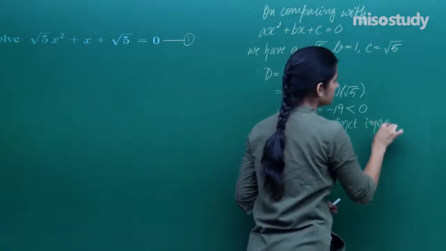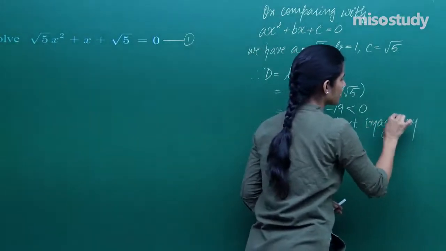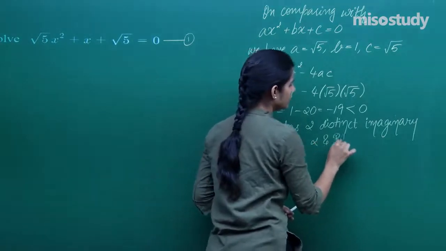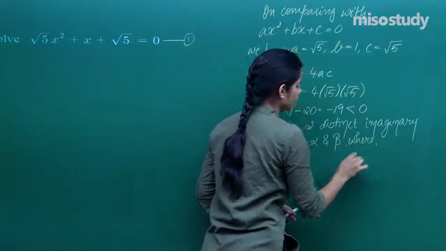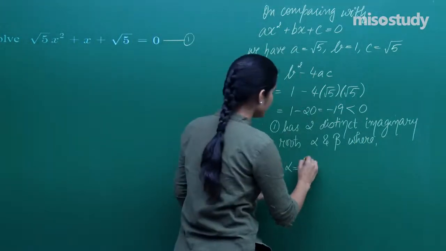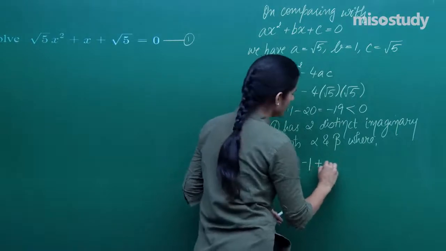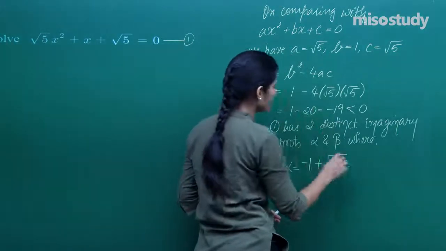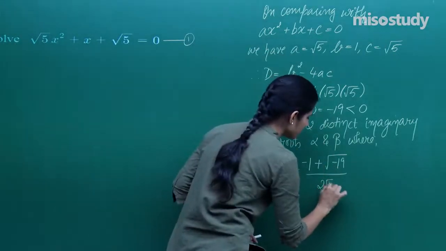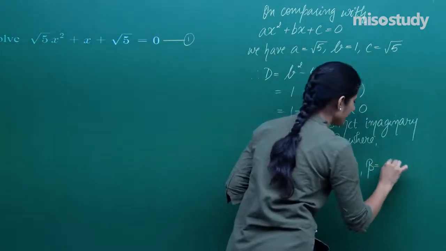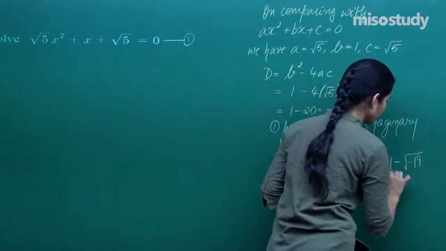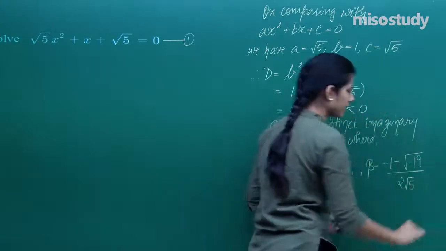Therefore, if I say this is equation 1, I am going to say 1 has two distinct imaginary roots, alpha and beta, where alpha is minus b plus root over b square minus 4ac upon 2a, and beta is minus b minus root over b square minus 4ac upon 2a.